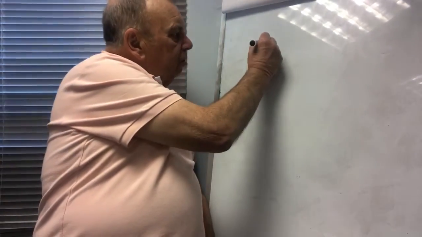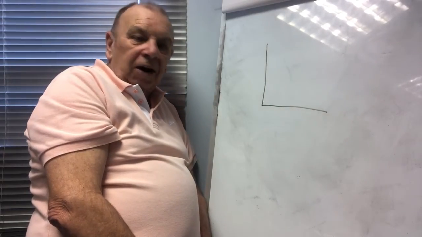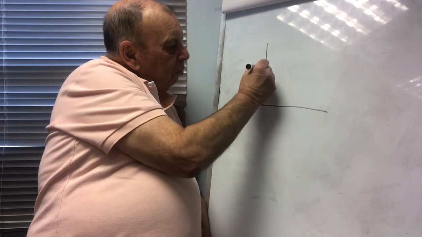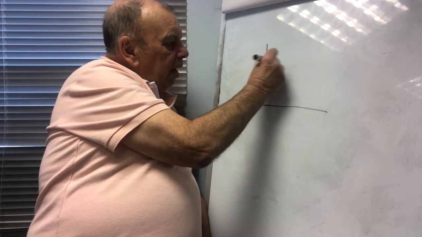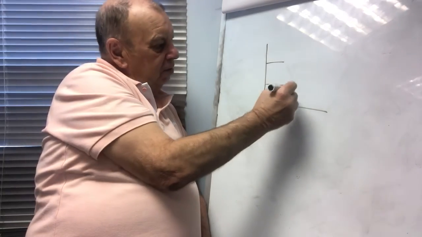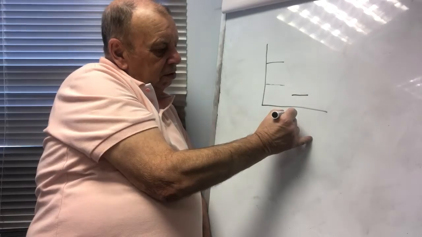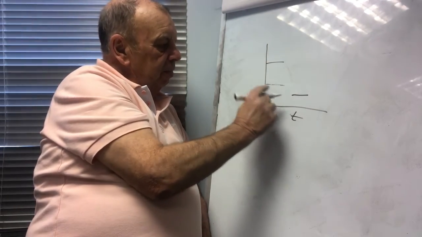Now, how do they work? If I looked at a typical reaction profile, this is the reactants reacting together to form products, and this is on a time scale, and this is the energy.